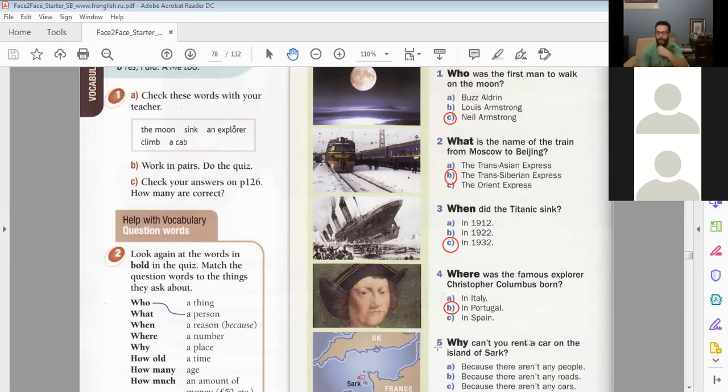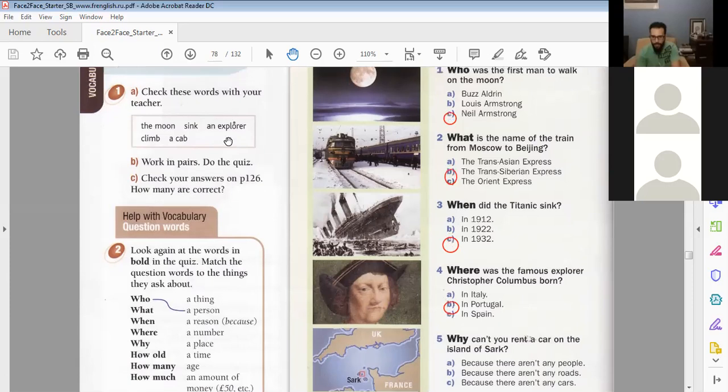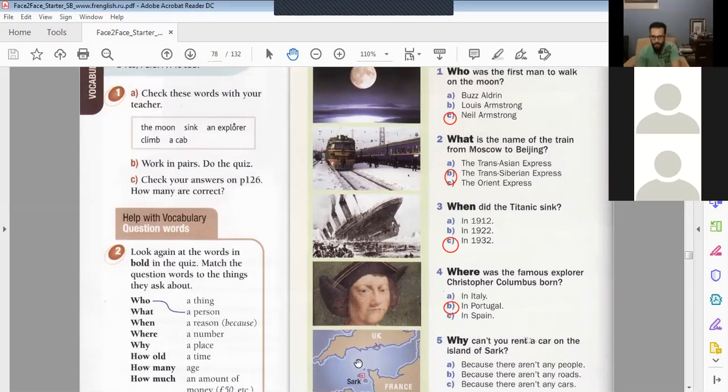Do you know what the meaning of island is? Manal, island. Do you know the meaning of island? City, approximately. Can you see the map? What can you see? We have the UK and we have France.